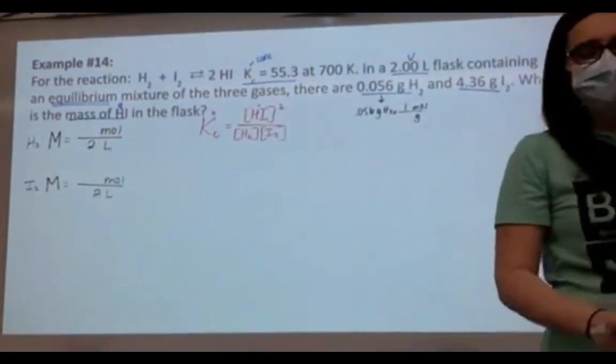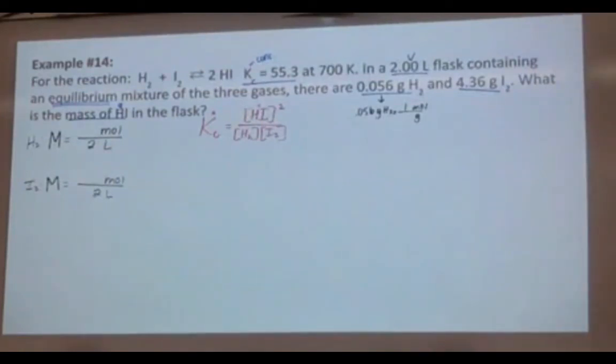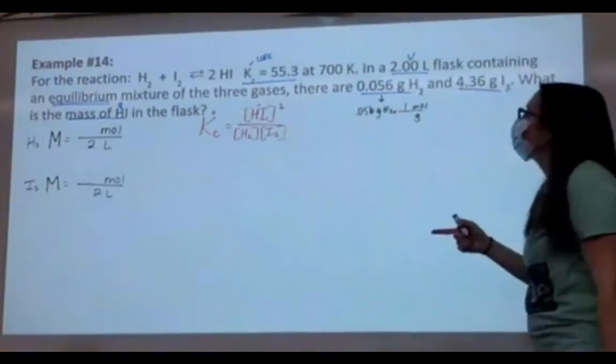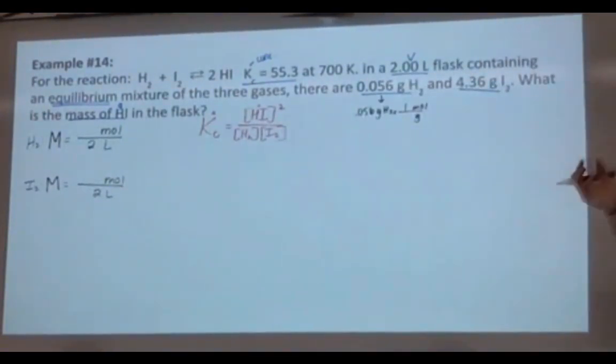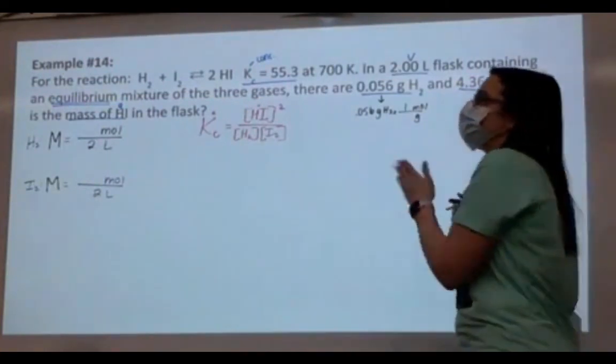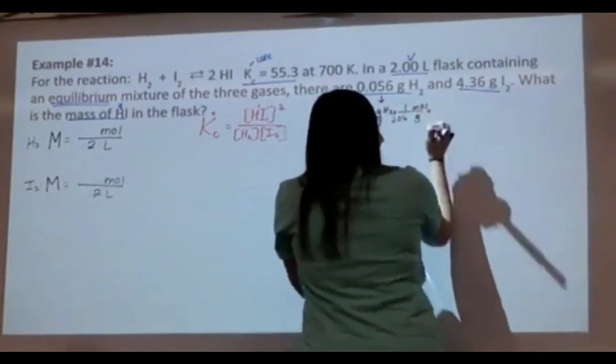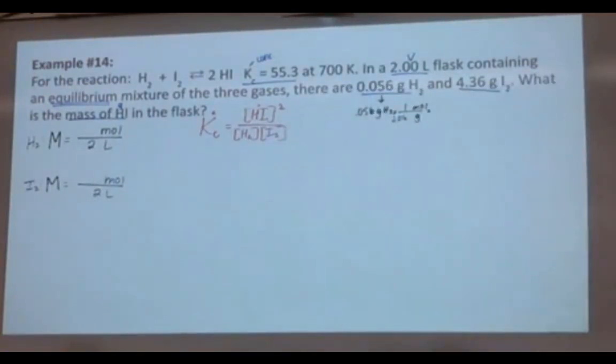Use the molar mass of H2. It's H2 gas, not just H. All right, so H2 is 2 times the mass of 1 hydrogen, so 1.008 times 2, which is 2.016 grams per 1 mole of H2.